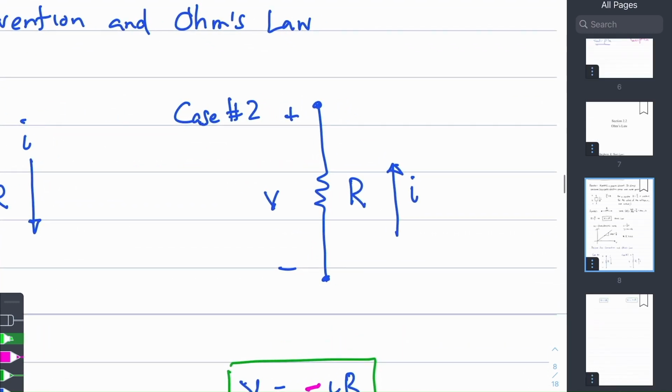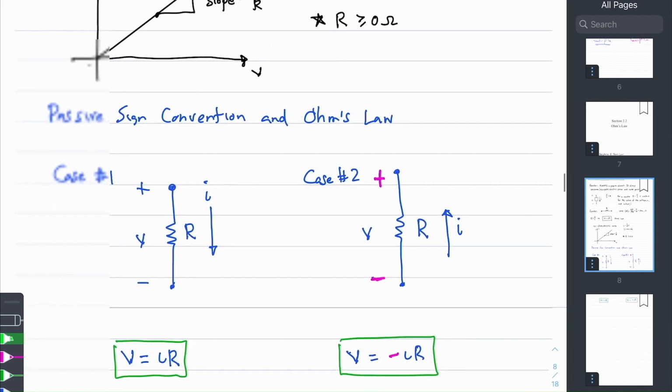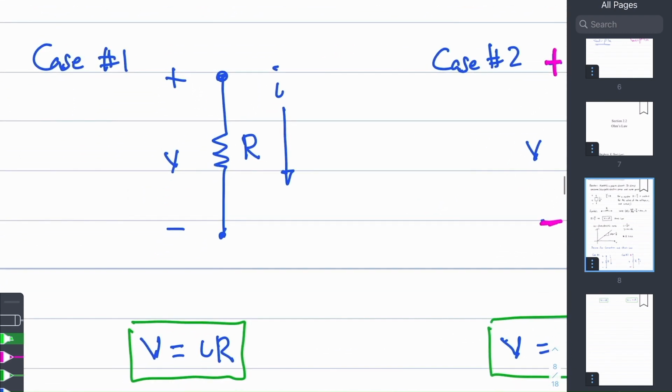Professor Aguilar showed here that when the voltage is plus and minus from top to bottom, north to south, and the reference current is from south to north, then it's a negative equation, negative sign in the relationship between I and R. Okay, and here, as Professor Aguilar explained, the voltage drop is from top to bottom, and the current is also from top to bottom.